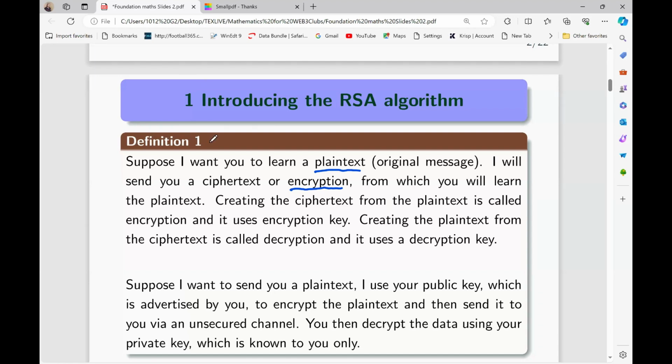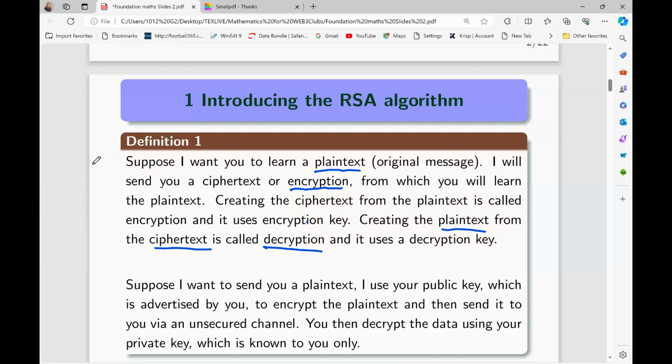So what you send to your colleague is what we call a ciphertext, or an encryption. And when your colleague receives that, he performs what we call decrypting. So he decrypts your ciphertext to get back the plain text that you had intended him or her to read. So those are the terminologies that we'll be using.